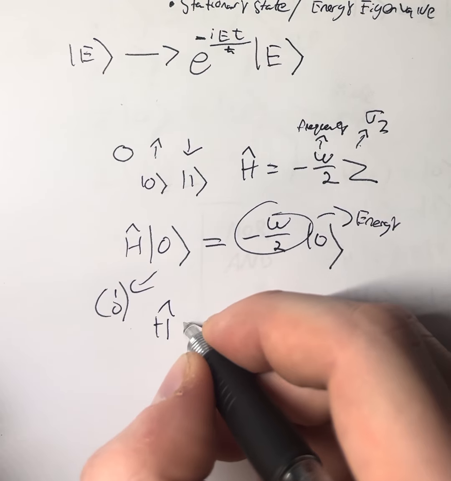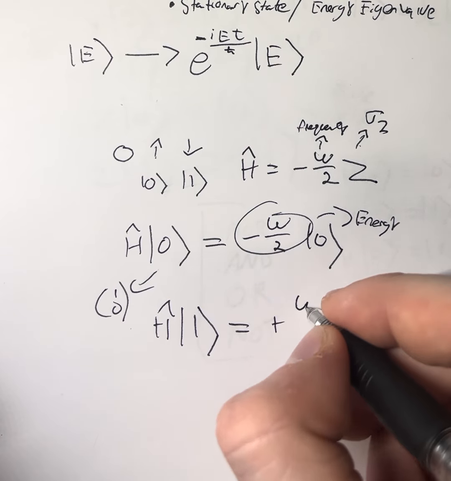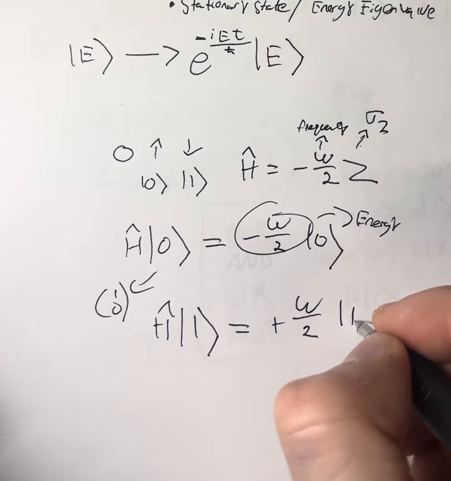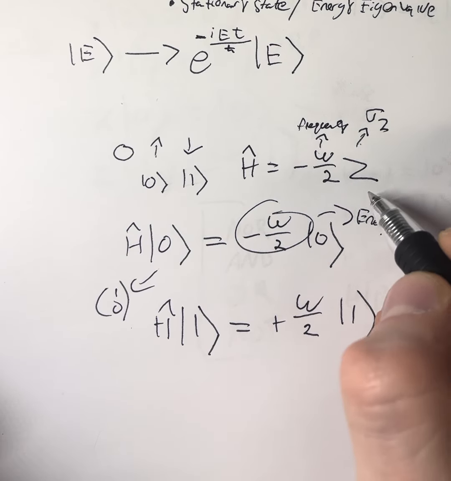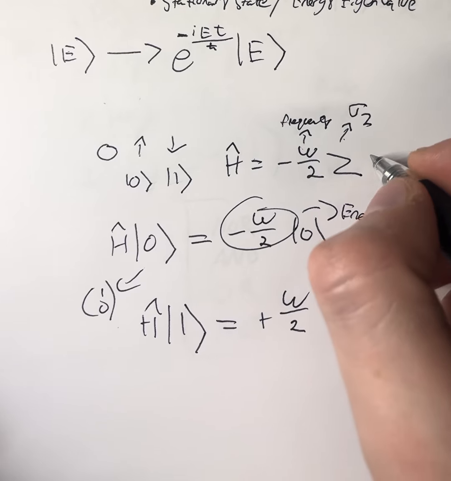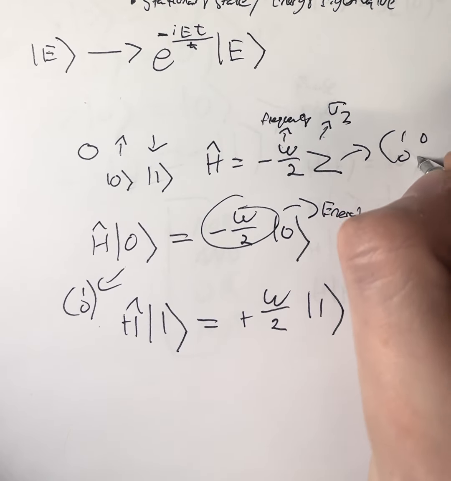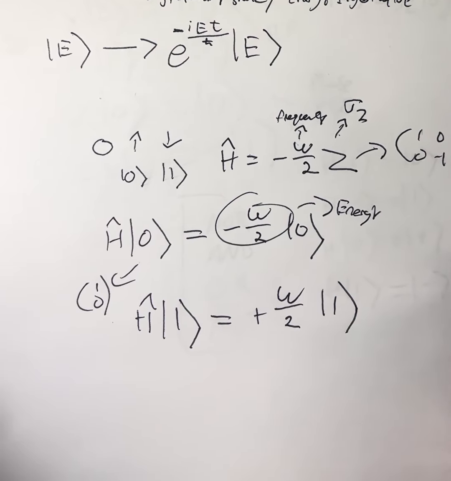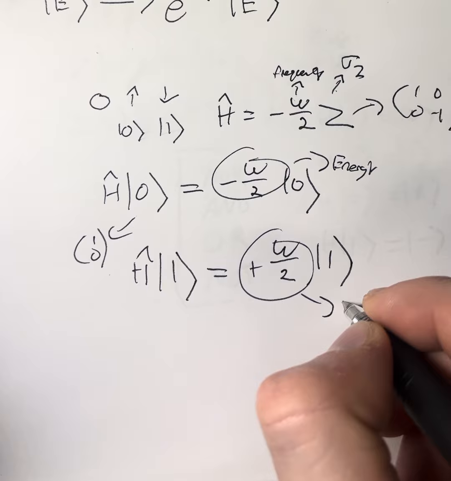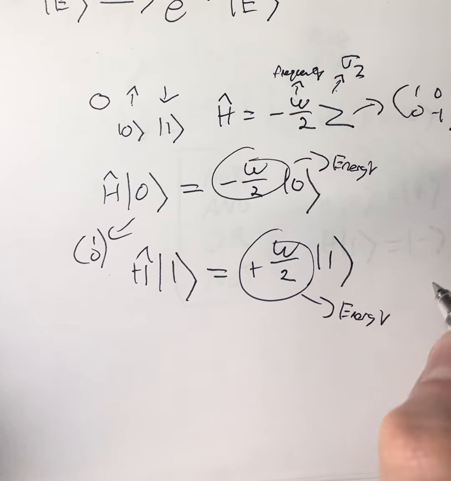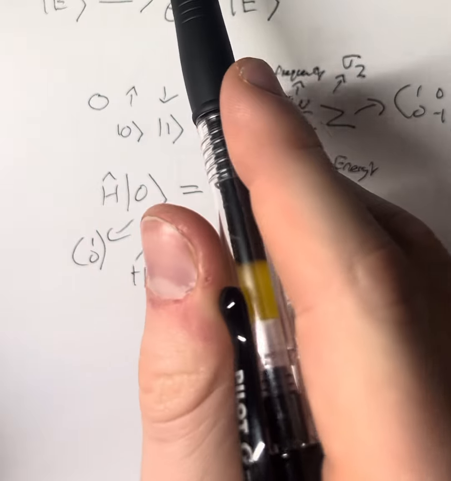Now, if we do the same operation to Ket 1, that gives us positive omega over 2 times Ket 1. And feel free to do the math yourself using the definition of Z. Z, in this case, is just equal to 1, 0, 0, negative 1. And this is another energy, or another energy eigenvalue, the solution to this equation here.